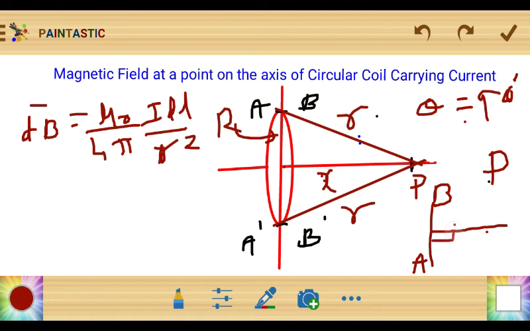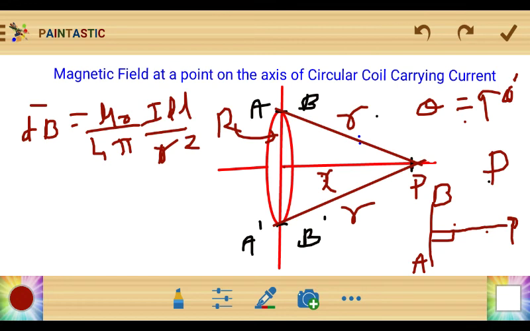So the angle is 90 degrees. That is why I chose it. The same value is for the other element, A dash B dash, as well. To cover the whole loop, we have chosen it.